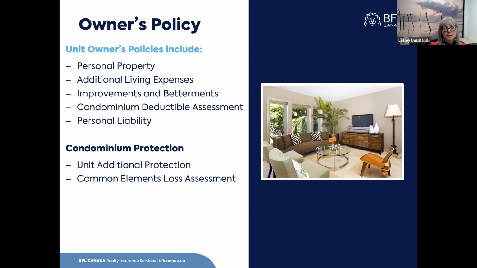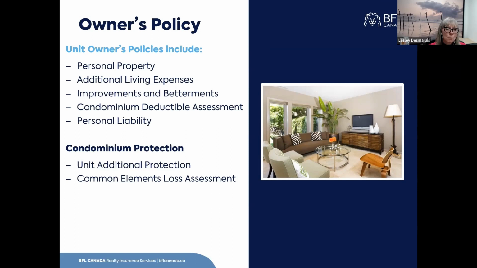There would be extra coverage to bridge the gap if the corporation's insurance was inadequate to cover those betterments and improvements that you have implemented in your unit.